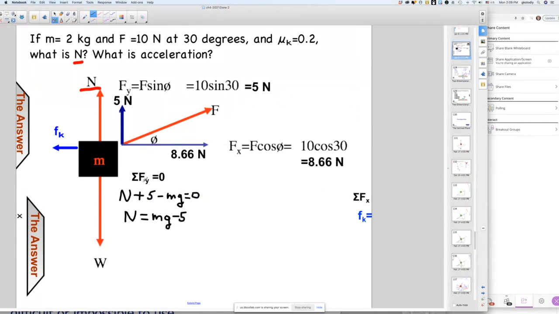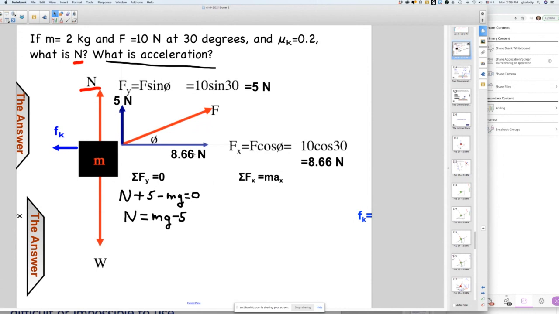Now, we're going to need the normal force to answer the second part of the question. What is the acceleration? We're going to apply Newton's laws in the x direction. In other words, the sum of the forces in the y direction equals 0 because there's no motion up or down. But in the x direction, yes, things are moving to the right. So what are the forces?